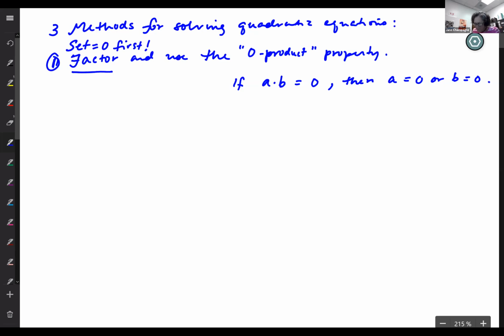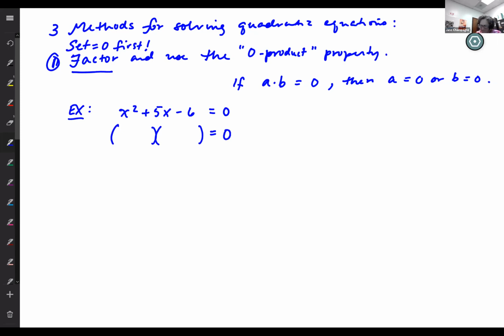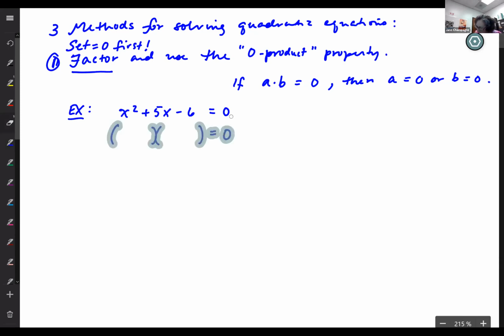So, for example, suppose you've got x squared plus 5x minus 6 equals 0. Since it's equal to 0 already, I could have started off, actually, let me do that.